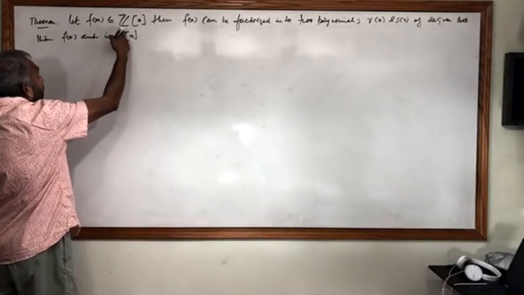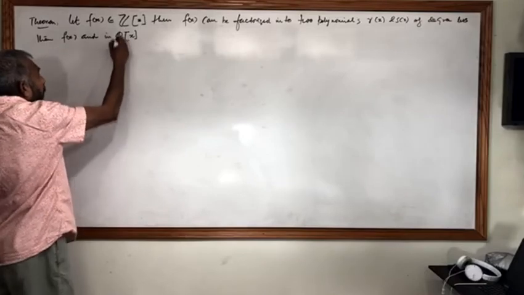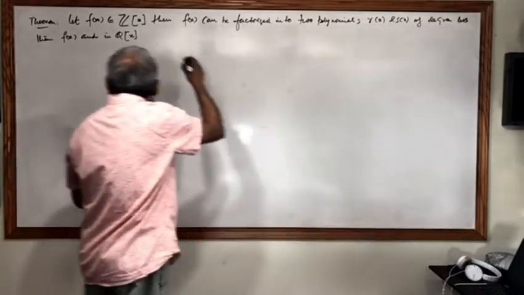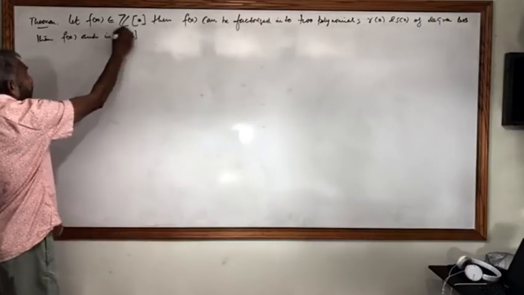See, there is a difference here. This is Z of x and this is Q of x. This R of x and S of x are in Q of x, but f of x is in Z of x.